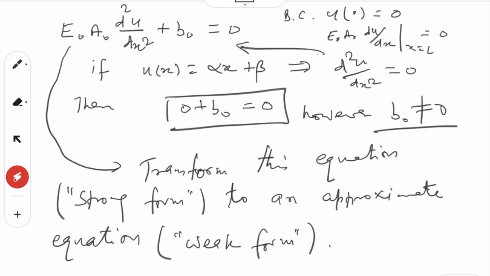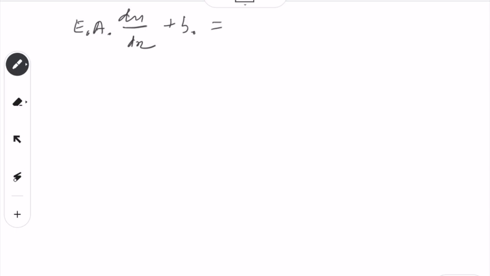So, hence we will have to do a transformation, but how to do it? Let us write the equation again. Let us say the equation is E naught A naught d square u over dx square plus b naught equal to 0.